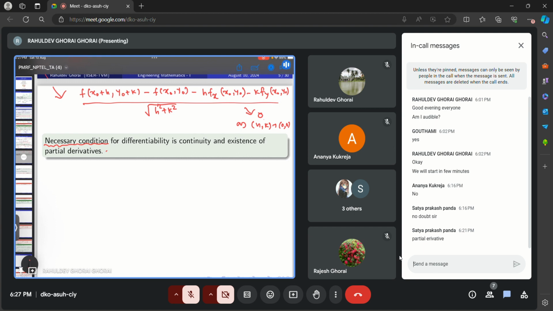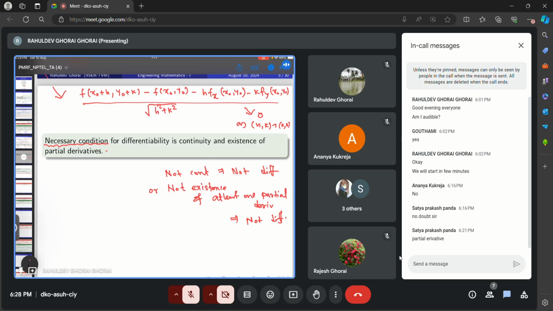You understand? So not continuity implies not differentiability, or not existence of at least one partial derivative also implies not differentiability. So you start finding the partial derivatives. If one of them does not exist, then you say that it's not differentiable. It will be very easy.